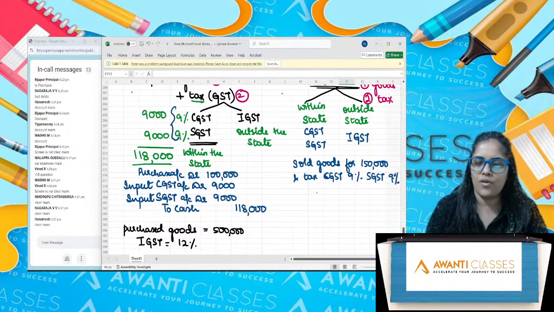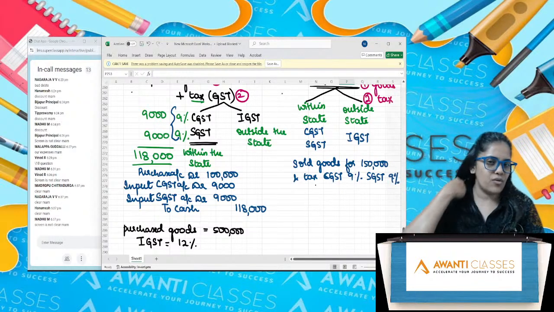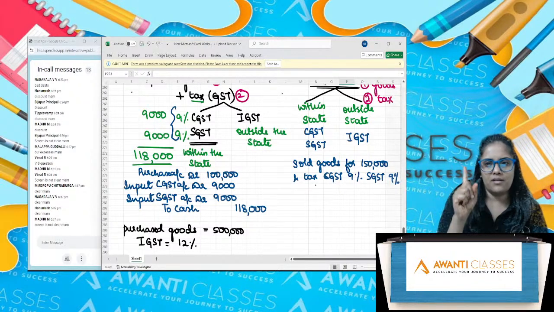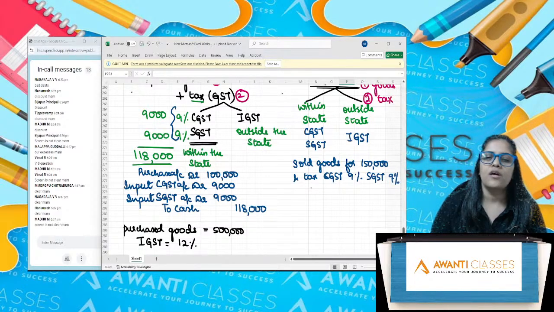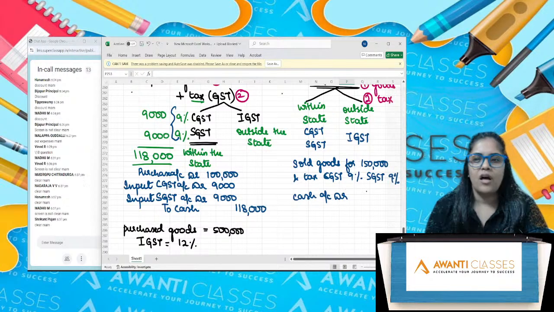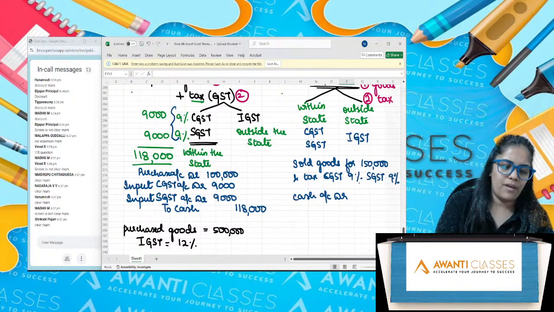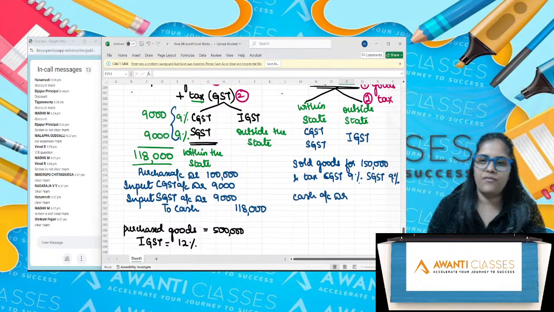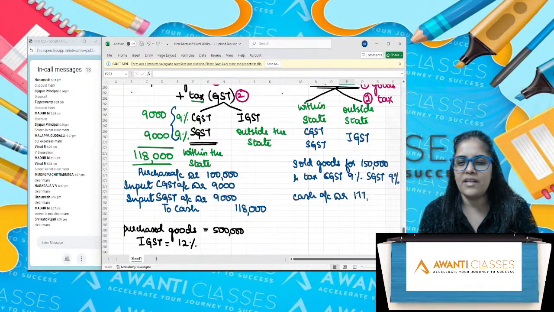Okay. So now I have to collect money, one towards goods, second towards CGST and SGST. So money will come in. Cash is an asset. Asset should be debited. So cash account debit. We will collect 1,77,000.